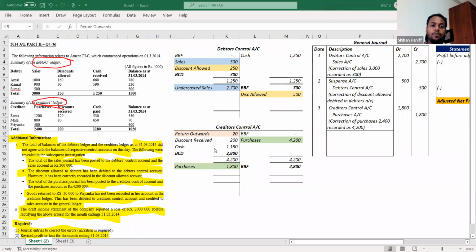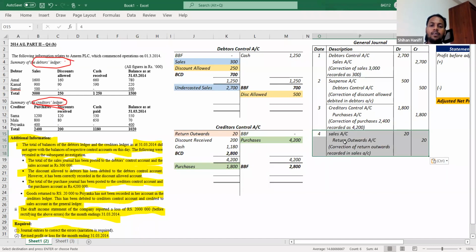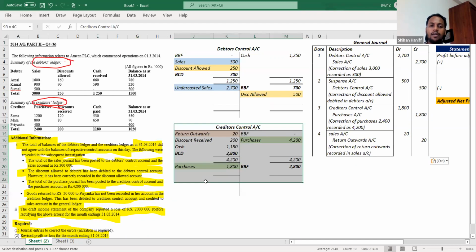This has been debited to creditors control account and credited to sales account in the general ledger. So this is not sales, right? This is return outwards. Therefore, we have to debit the sales account and credit the return outwards account. It doesn't affect the creditors control account.